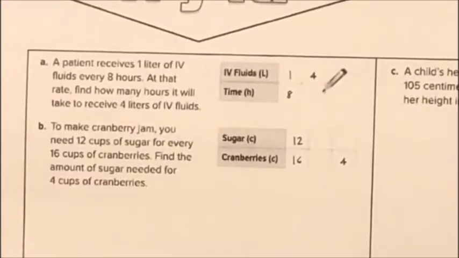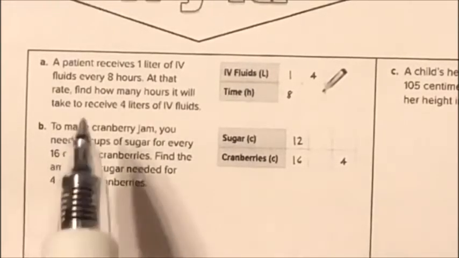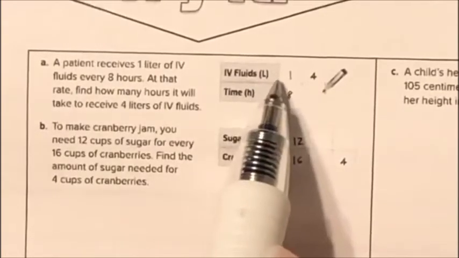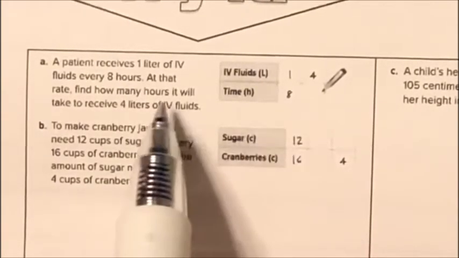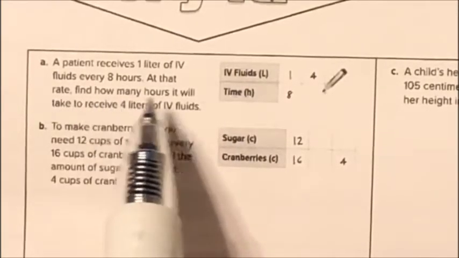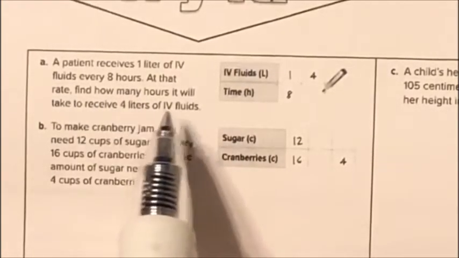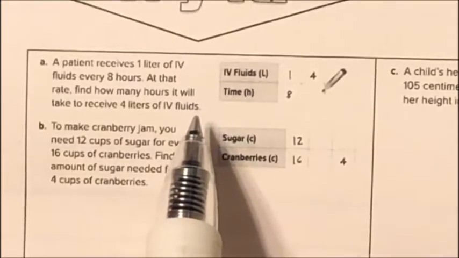All right, so the first one we're going to look at is A. A patient receives 1 liter of IV fluids every 8 hours. So you can see over here on my table, 1 to 8. IV fluids, 8 hours. At that rate, find how many hours it will take to receive 4 liters of IV fluids.